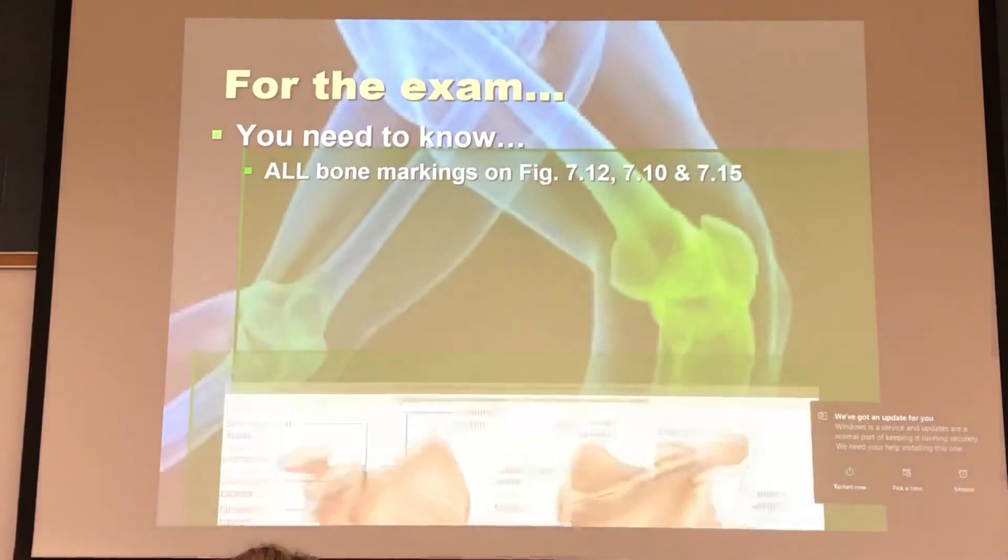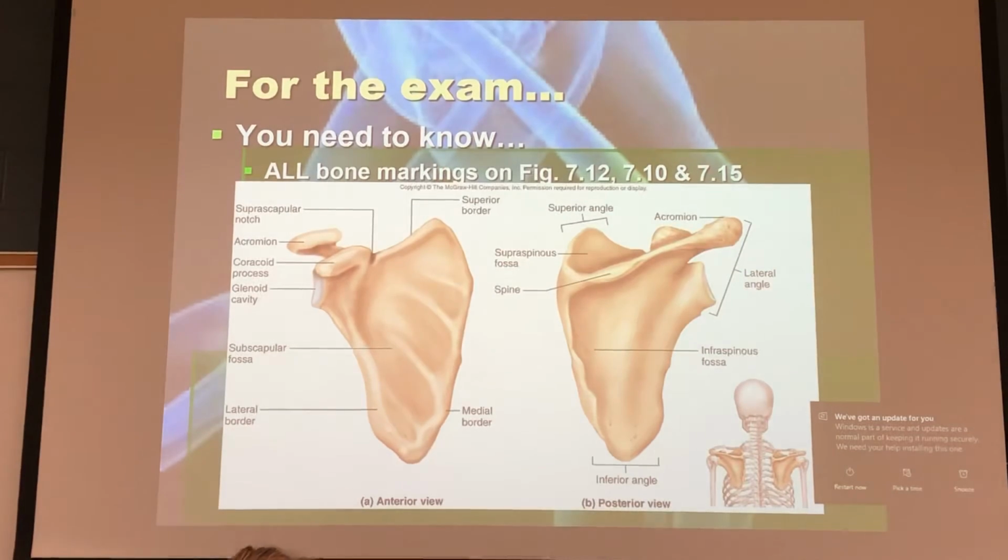And then the last bone is the scapula, and this is one in which you have to know some detail for lab, but you have to know all of these bone markings of the scapula for the lecture test. So in some schools, the bone test is nothing but bone markings, and it's a lot of memorization.